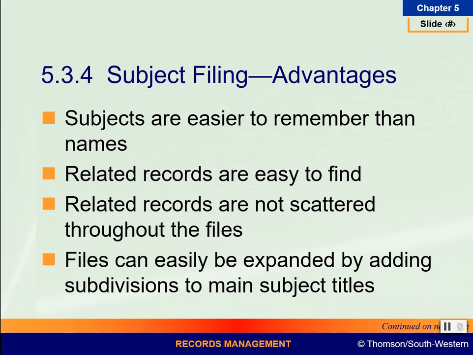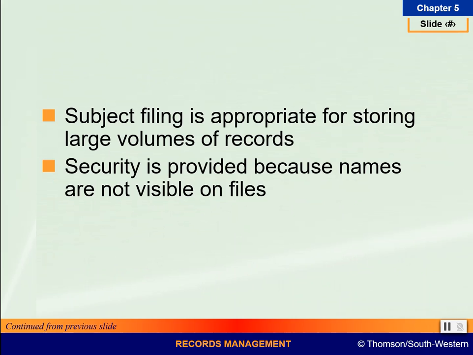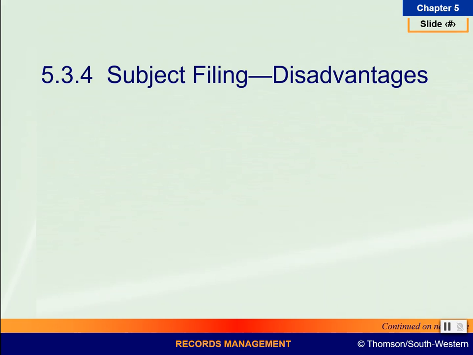Previously we have seen that under the subject of accounting, we can have finance, invoice, and salary. Subject filing is appropriate for storing large volumes of records, and security is provided because names are not visible on the file.